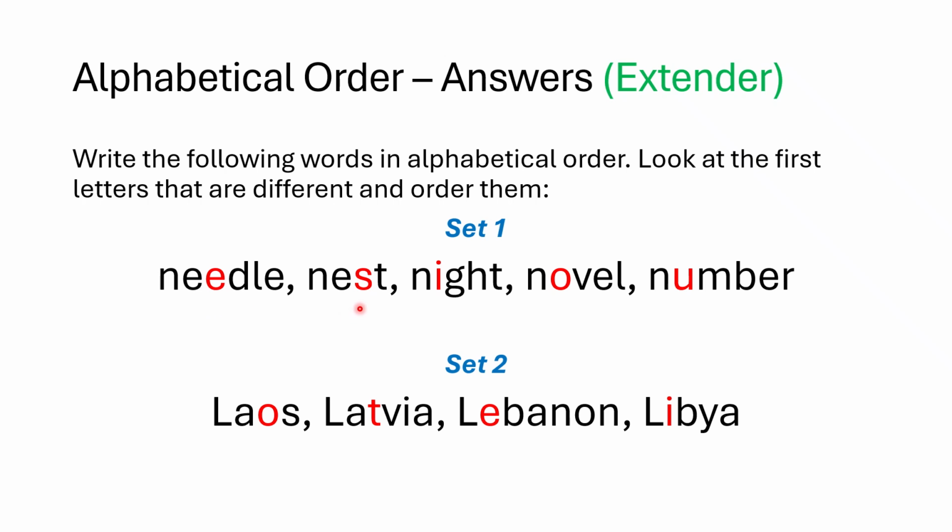E comes before S. The second letter in night is I. I comes after the letter E. The second letter in novel is O. O comes after the letter I. The second letter in number is U. U comes after O.